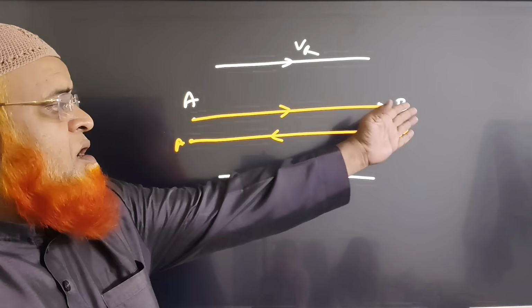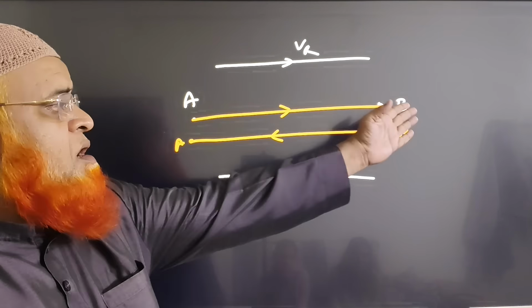So resultant velocity: VR equals under root a square plus b square plus 2ab cos theta. Cos 0 is 1, so a square plus b square plus 2ab is a plus b whole square under root. That means a plus b. Here this is a and that is b. But one condition you have to remember: your boat velocity should be greater than river velocity.